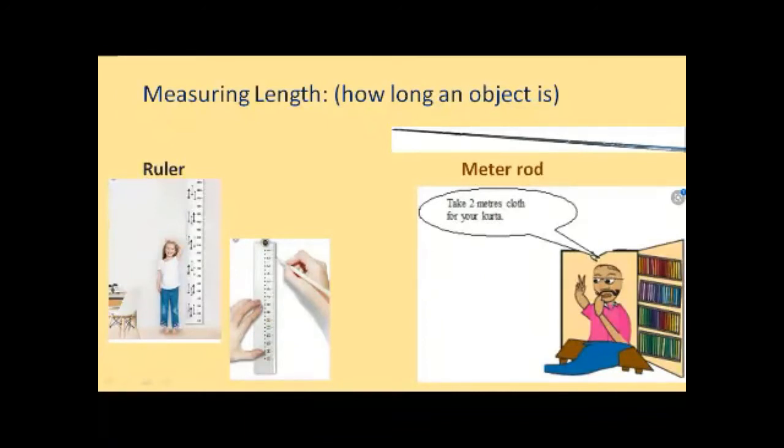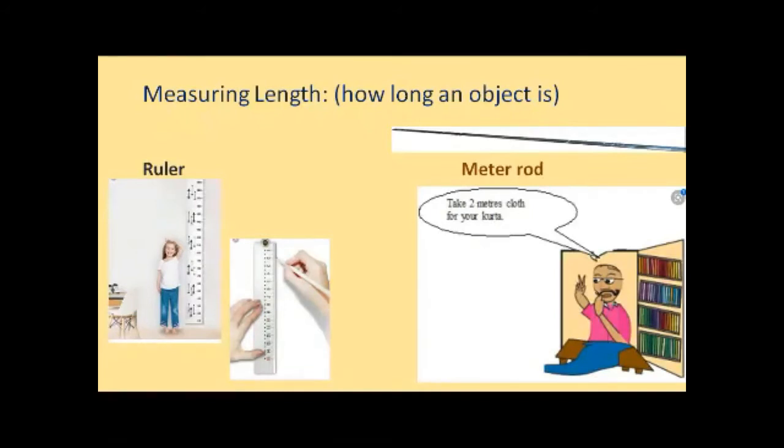This is called length. And distance, what is the meaning of distance? Distance means the length of space between 2 points, like how far is your school from your home. This is called distance, the distance between your home and your school. Are you getting my point?